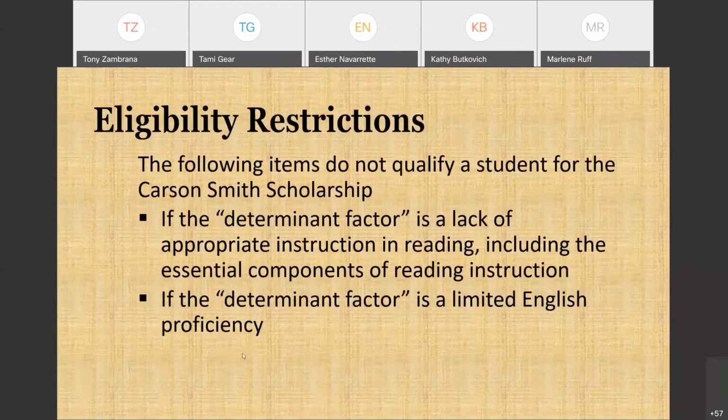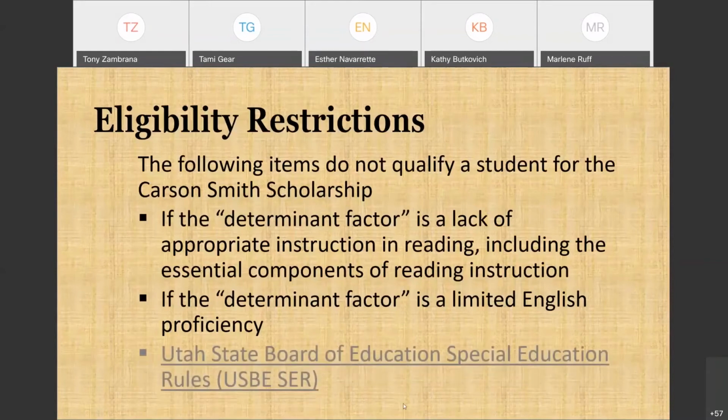That's a little bit more complicated. The LEA, the people doing the evaluation should understand that, just so you know. And then again, you could access the special education rules to understand these eligibility restrictions.